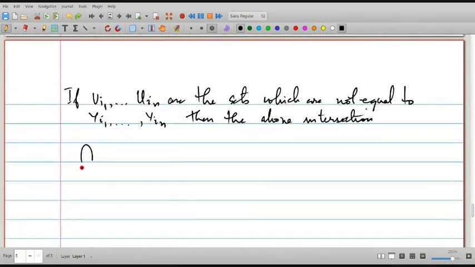So we have the intersection over i in I of f_i inverse of U_i.